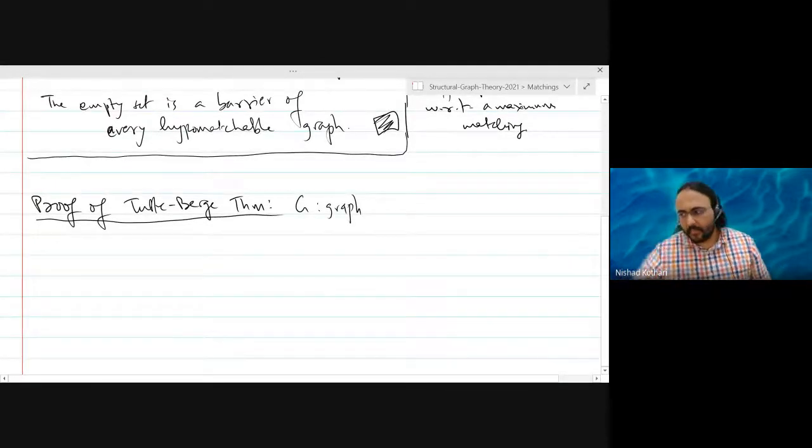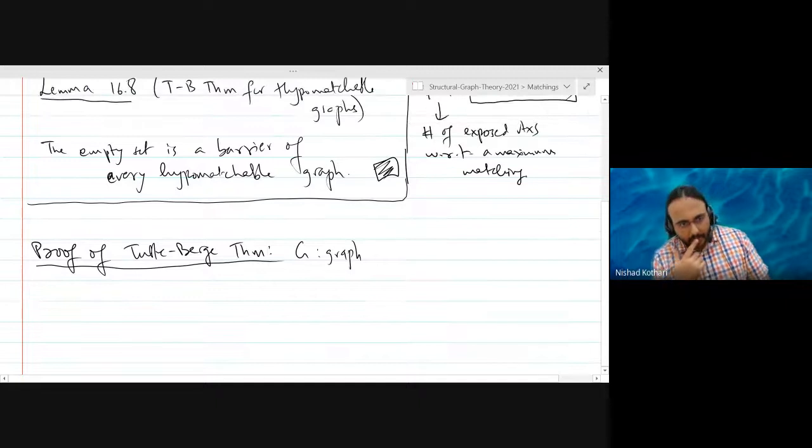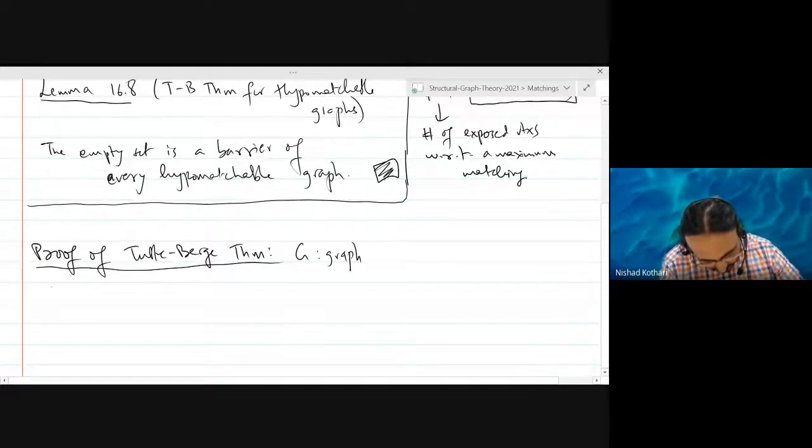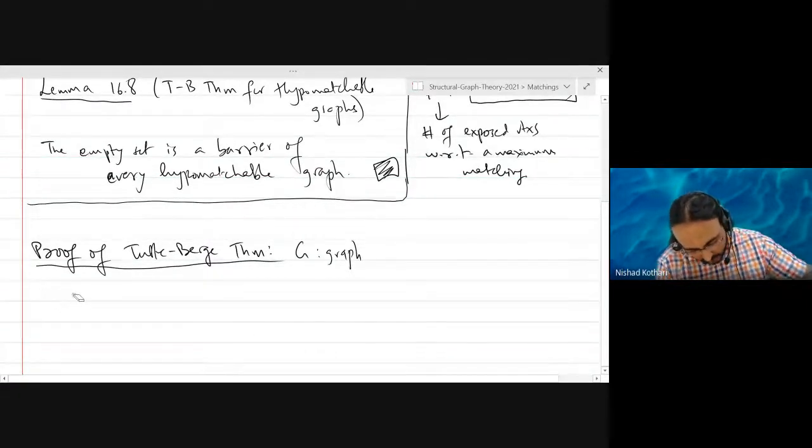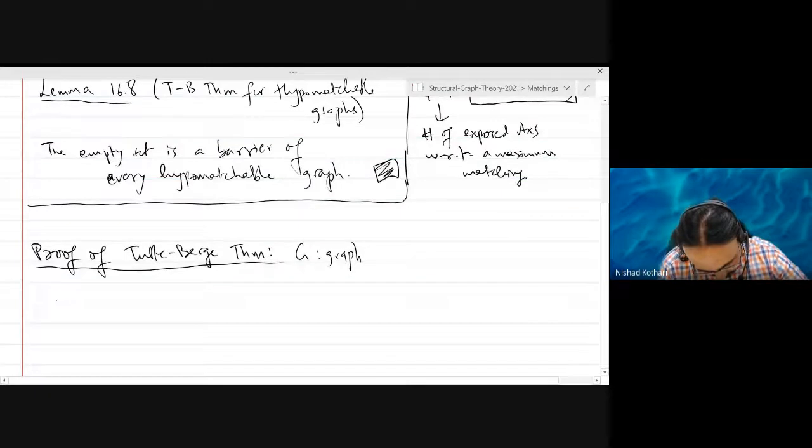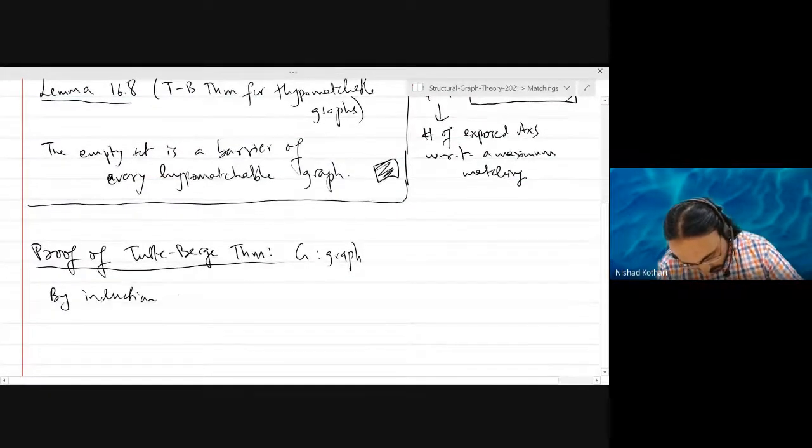Okay. So if the graph is hypomatchable, then you are done. So let's actually prove by induction on the number of vertices of the graph.